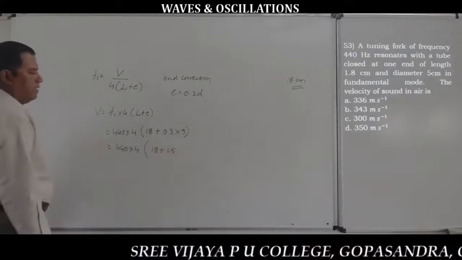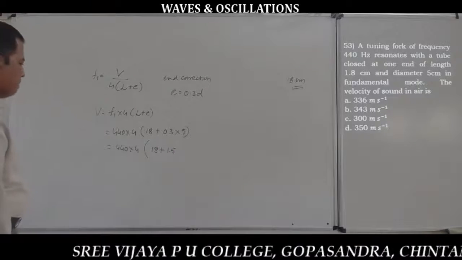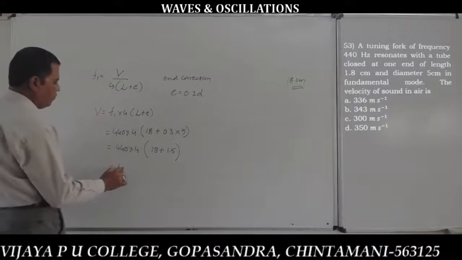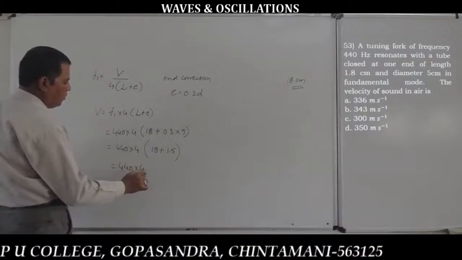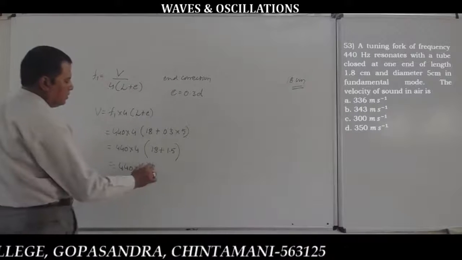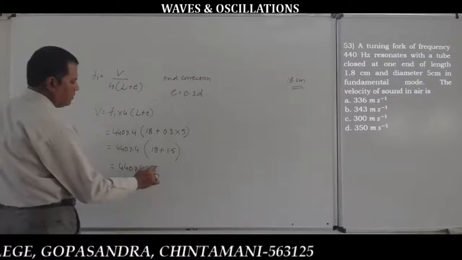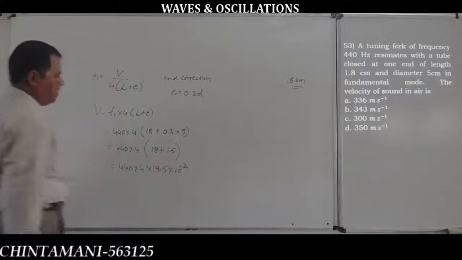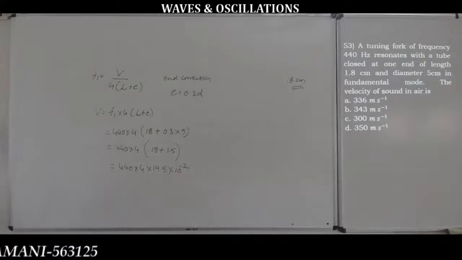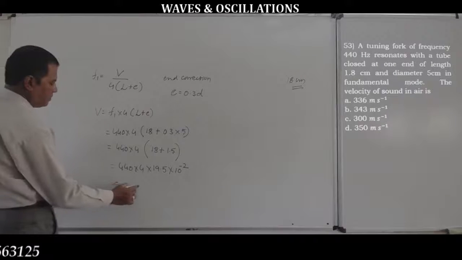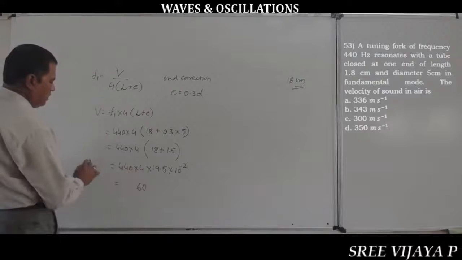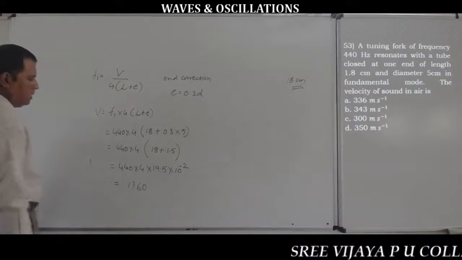So 5 into 0.3 is 1.5. This is in centimeter. 440 into 4 into 19.5 into 10 power minus 2. 4 zeros are 0, 4 4s are 16, 4 4s are 16, 1760.